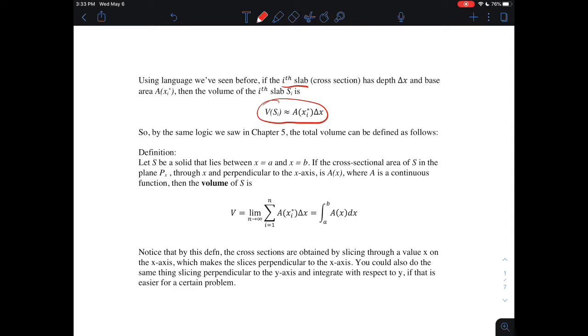You add up all of those cross-sectional small volumes, and you get the whole volume. And really, that's just the integral from a to b of capital A of x dx.